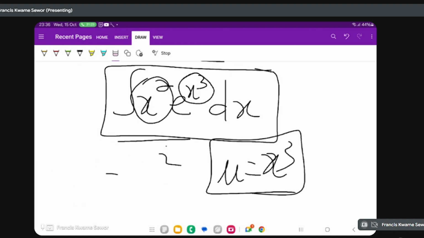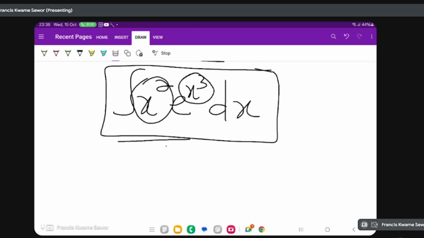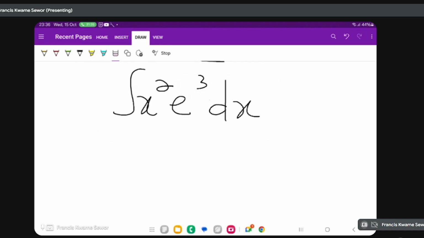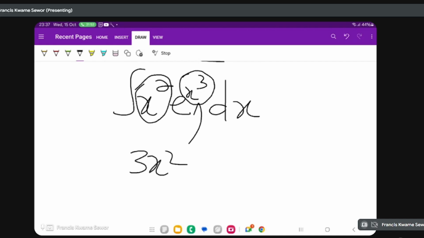When you're having exponential functions like this one, you focus on the power. When you differentiate this one, you have 3x squared.